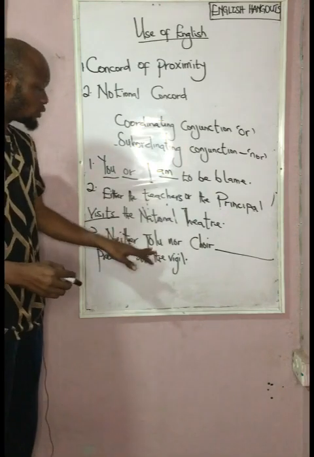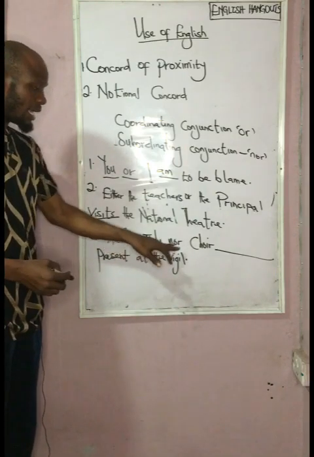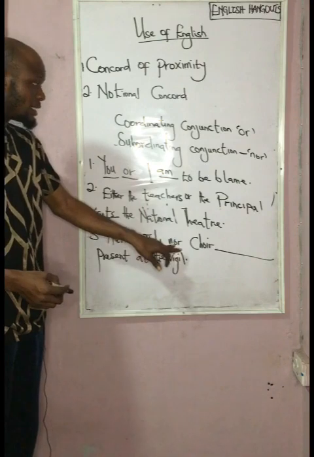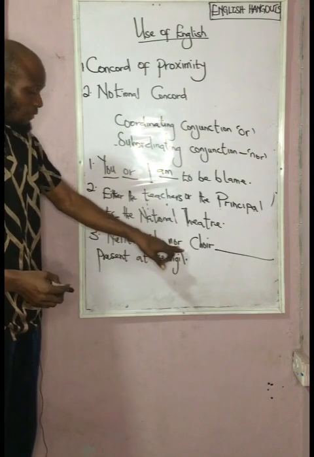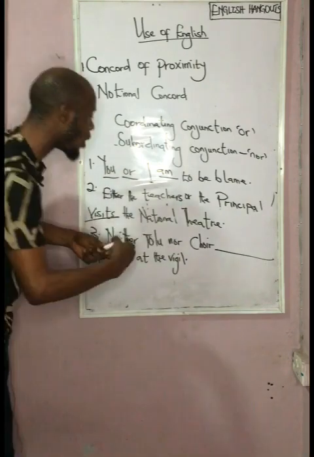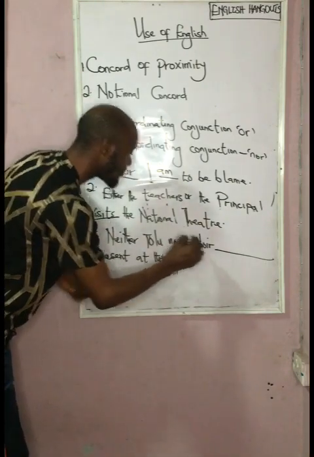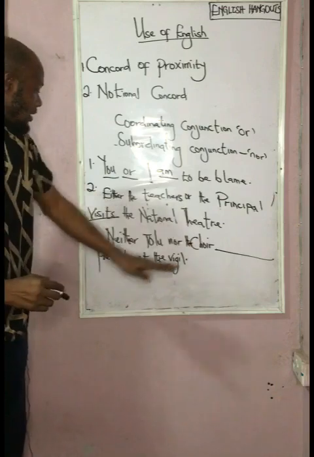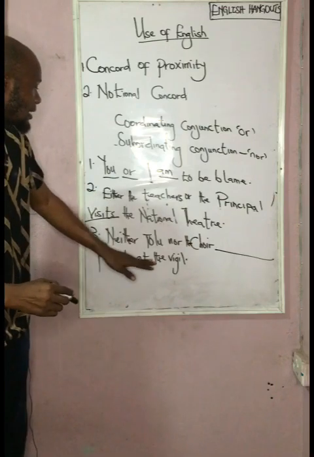Here Tolu is a subject. Here we have nor, which is a subordinating conjunction. After the subordinating conjunction, we have neither Tolu nor the choir dash present at the vigil.